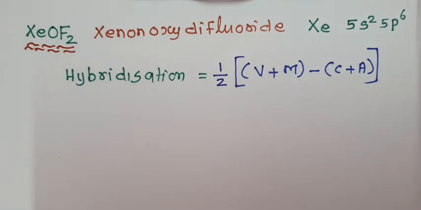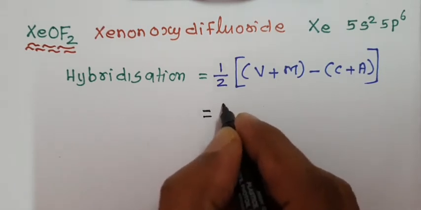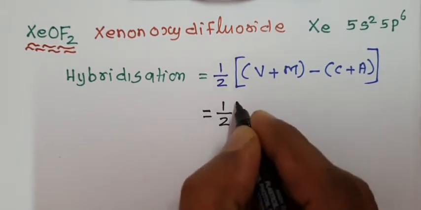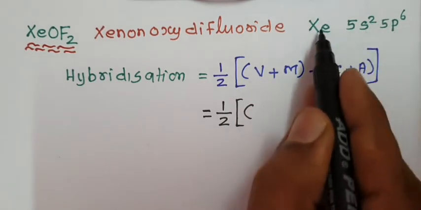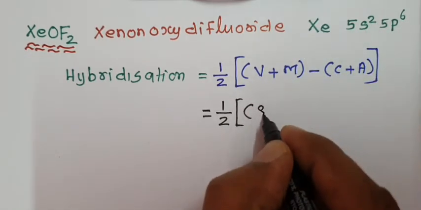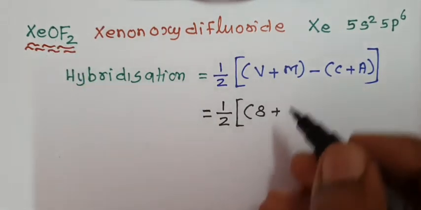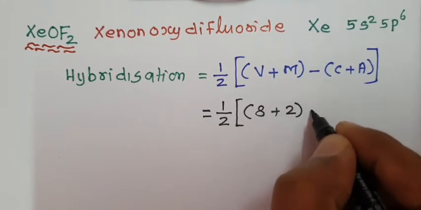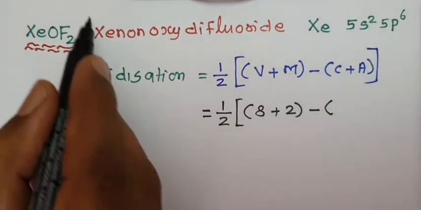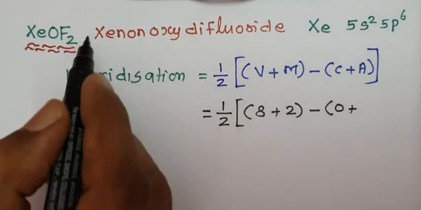Substituting all the values: 1 by 2 into the number of valence electrons in the central non-metal, 8, plus the number of monovalent atoms linked to the central non-metal, 2, minus charge on cation 0 plus charge on anion 0.